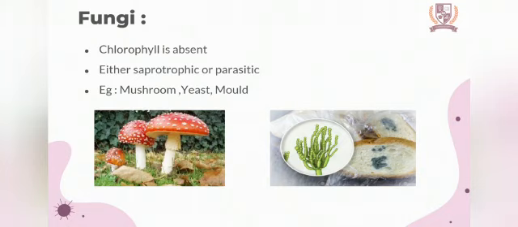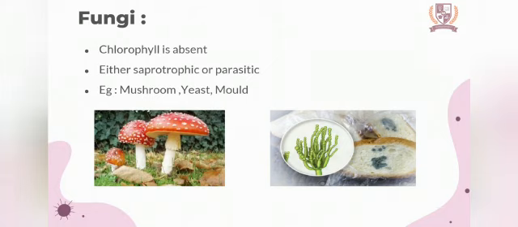Let's now learn about fungi. Fungi are plant-like organisms but aren't actual plants. Since the chlorophyll pigment is found to be absent in fungi, they aren't autotrophic in nature. That is, they cannot produce their own food. Hence, they depend upon other organisms for their food.